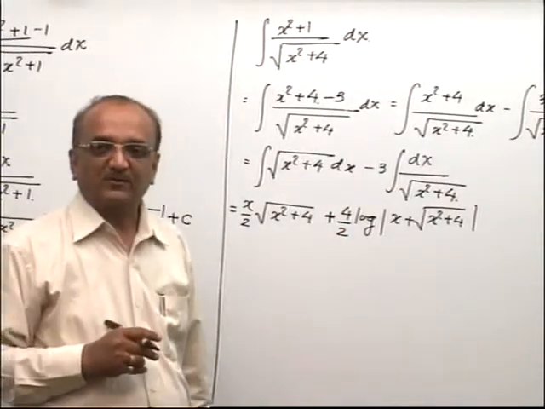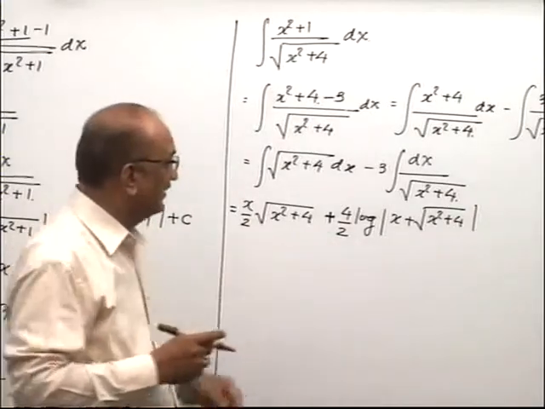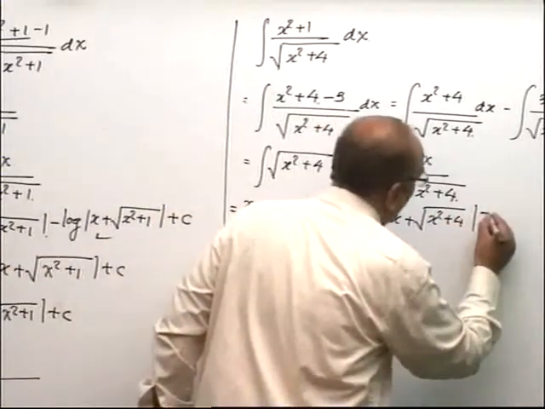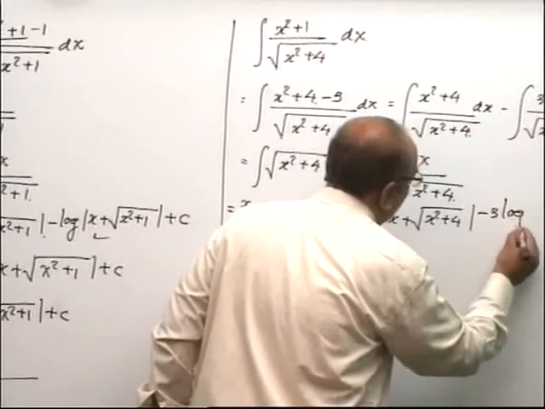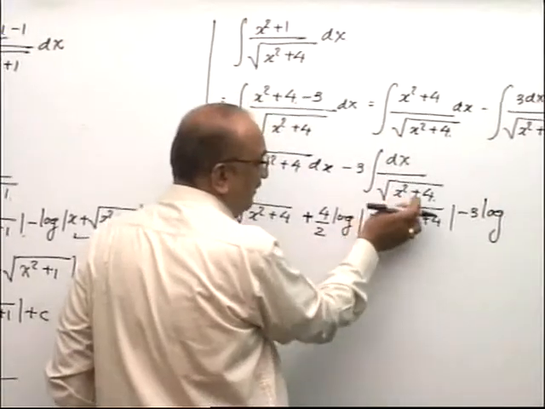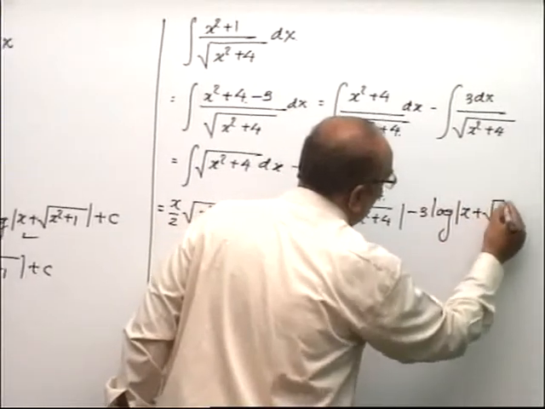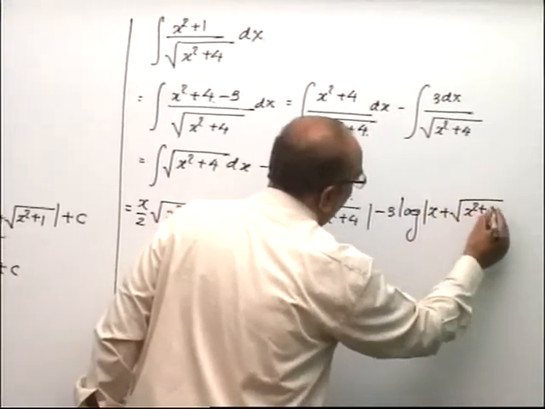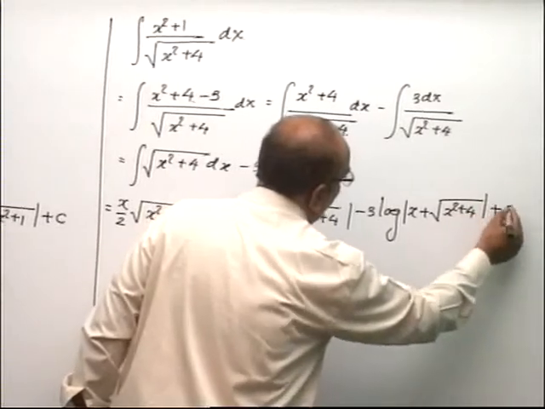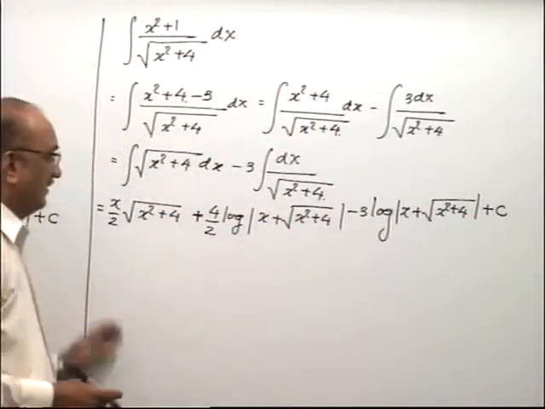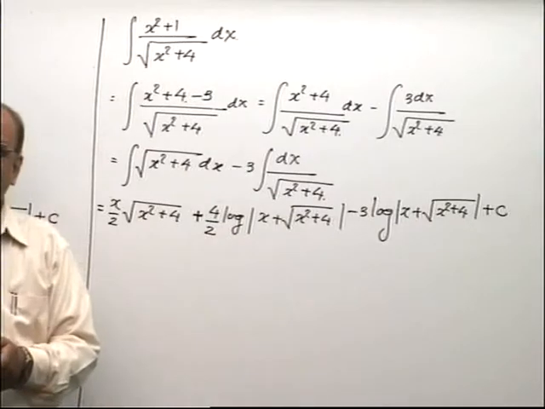Plus 4 upon 2 log of modulus x plus root of (x square plus 4). Minus 3 into integral of dx upon root of (x square plus a square) is equal to log of modulus x plus root of (x square plus 4) plus c. These are the steps of calculations.